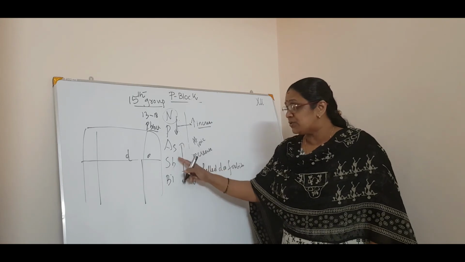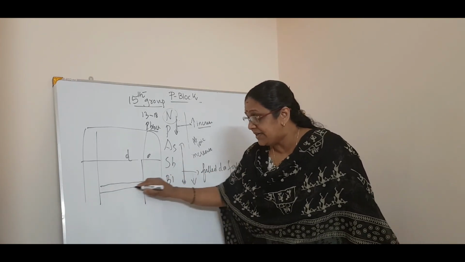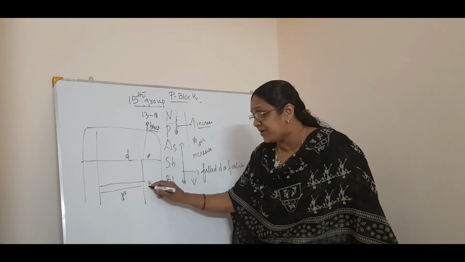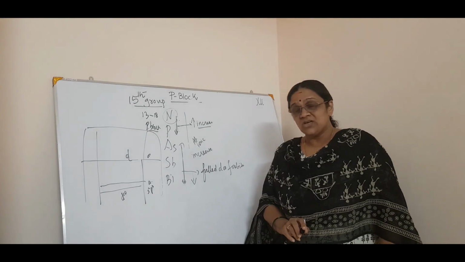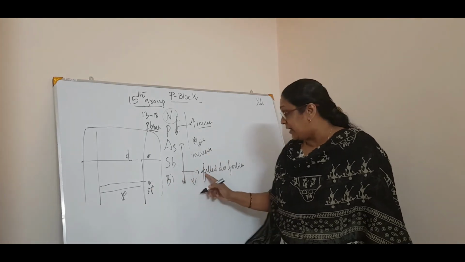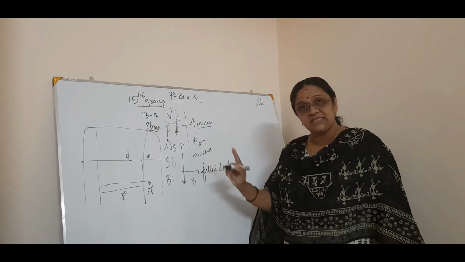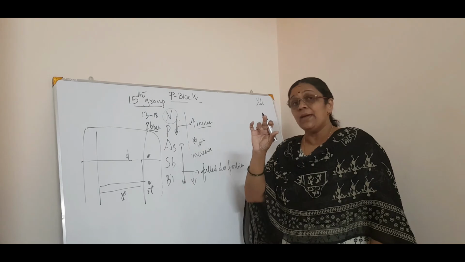So when it comes to arsenic and antimony, the d block is filled, that is d10, and after that this s2 p3 is there. We will study what is there in the d block. So due to the filled d or f orbitals, the increase is not very much. That is only minimal.